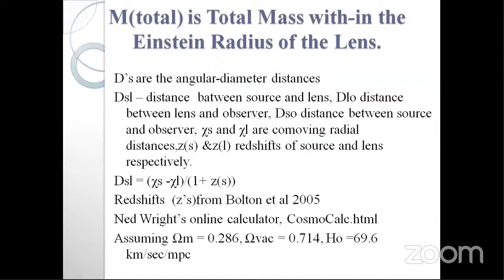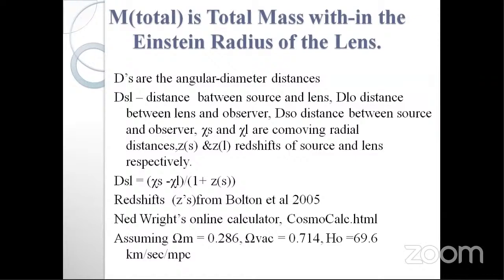Now, using this calculator, with the known redshift for the lens as well as the source, we find the angular diameter distances as well as the comoving radial distances, which are in turn used to find the distance between source and lens using the given formulas.